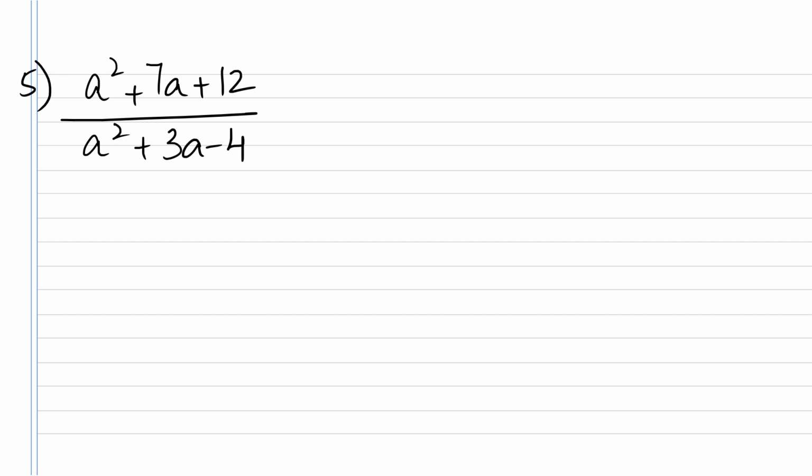But what strategy am I going to use to factorize numerator and denominator here? Any idea? If you clearly see, this one is actually a quadratic expression because the degree is 2. What are the methods of solving a quadratic expression, or the expression of degree 2?